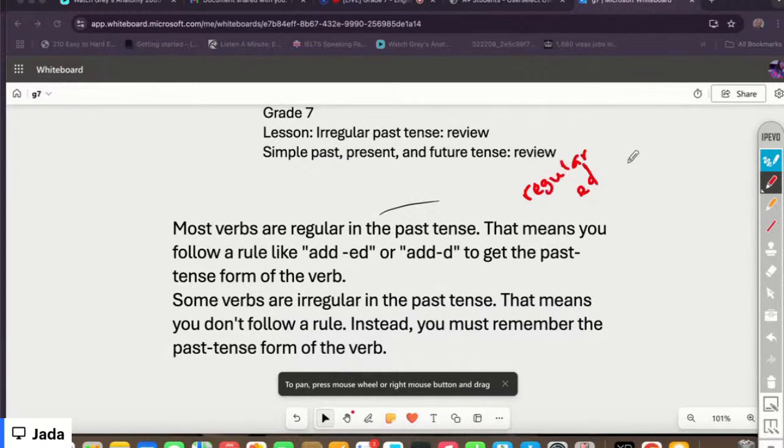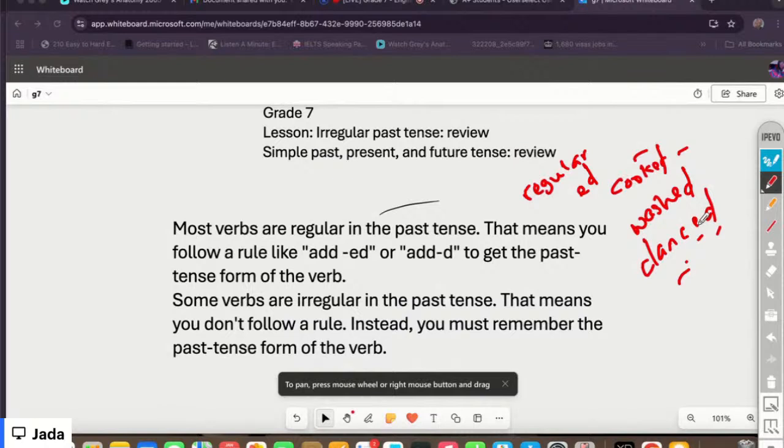So we could have cooked, washed. This one is danced. It already has an e, so you just need to add d. So we have cooked, washed, danced. All these are regular past tense because they end with ed or d.